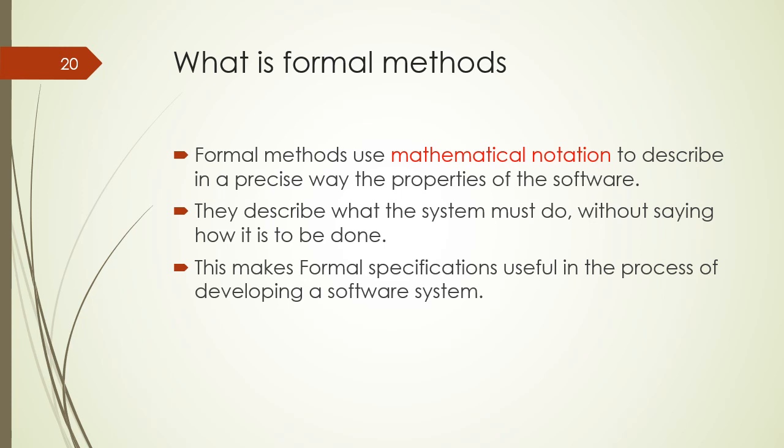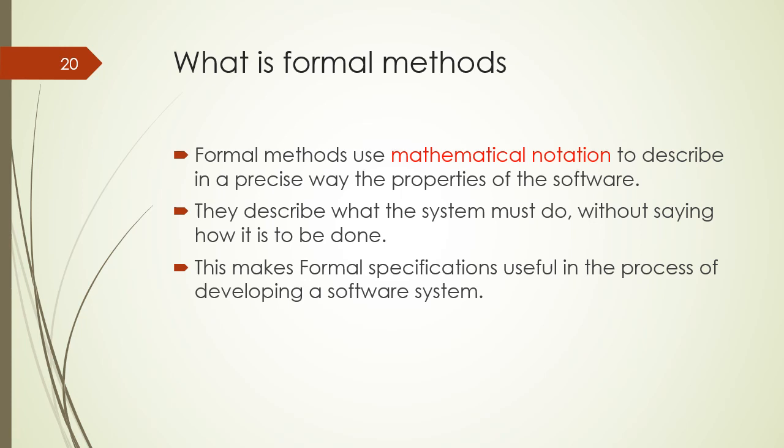And we have a specification either in a formal or informal way. Both specifications are descriptive representations of software, but formal methods use mathematical notation to describe the properties of software in a precise way.